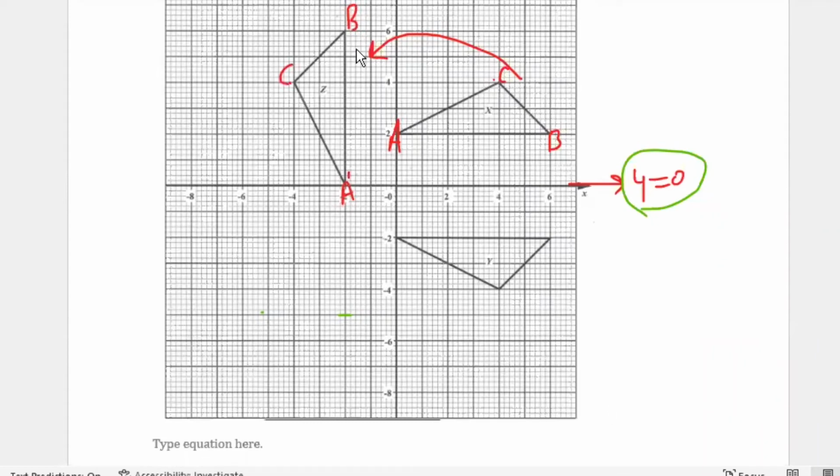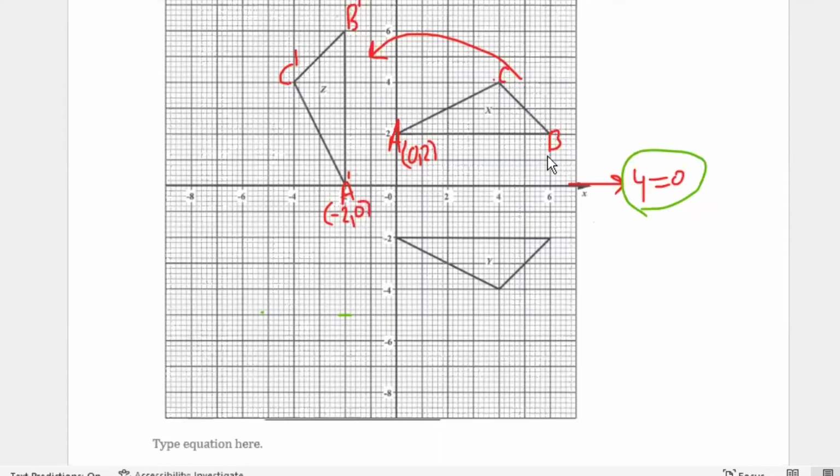So let's call it A prime, B prime, and C prime. So if you realize, the readings for A is 0, 2. The readings for A prime is -2, 0.